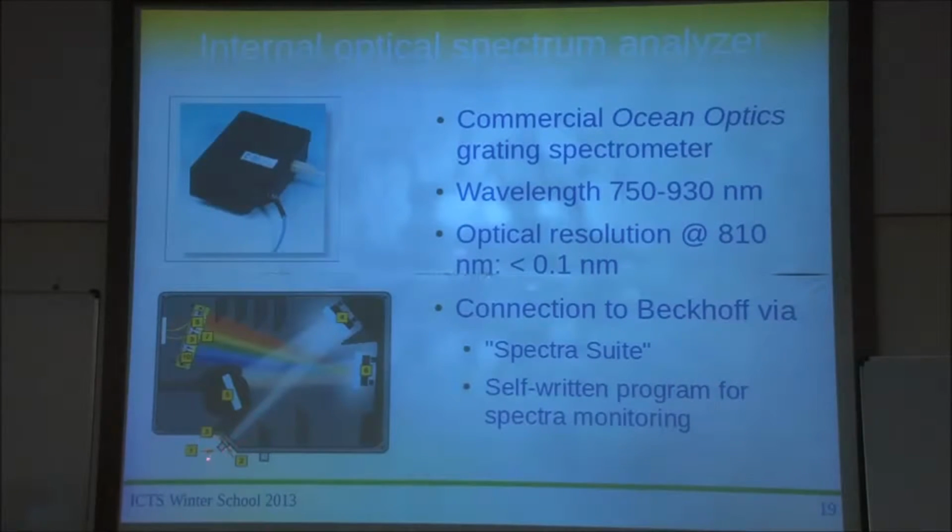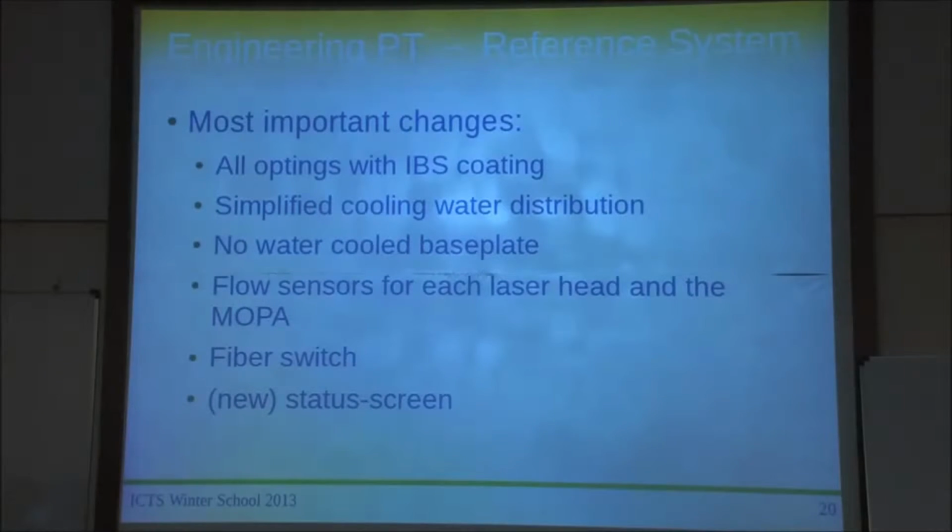From inside it looks like this. The light is going in, it's sent to a grating, and then the analysis is done with an array of photodiodes which analyze the optical spectrum in a certain range. We built a little software interface for that, and that enables us to just monitor the spectrum.